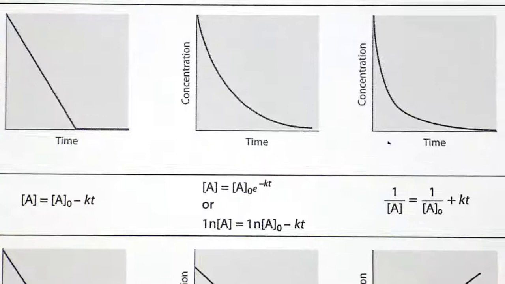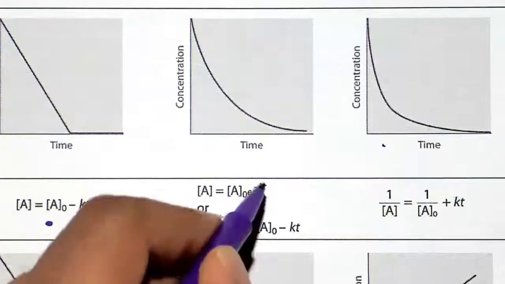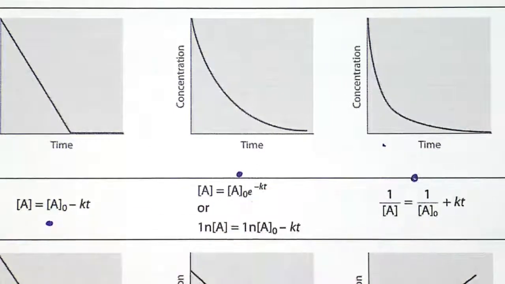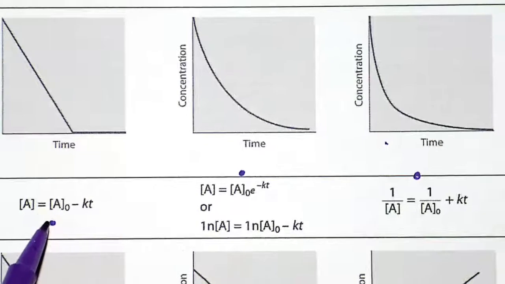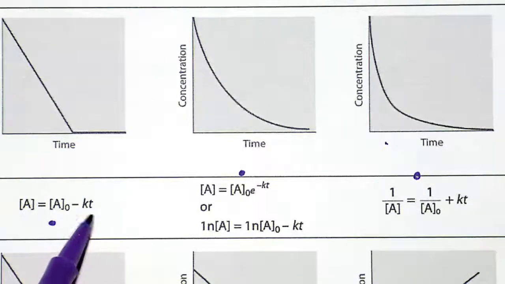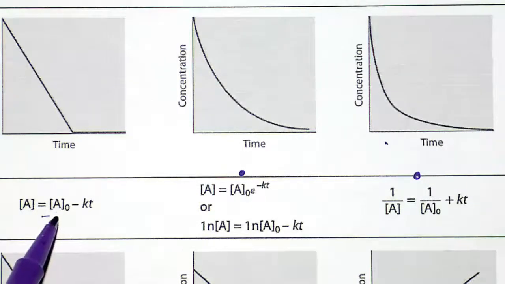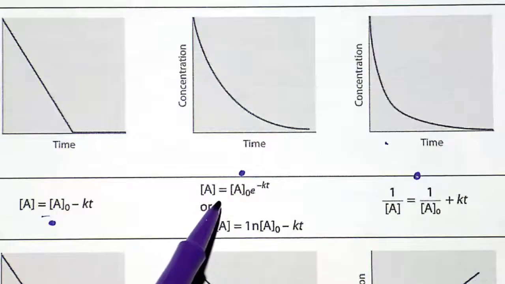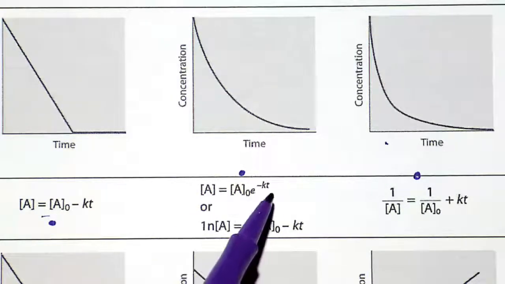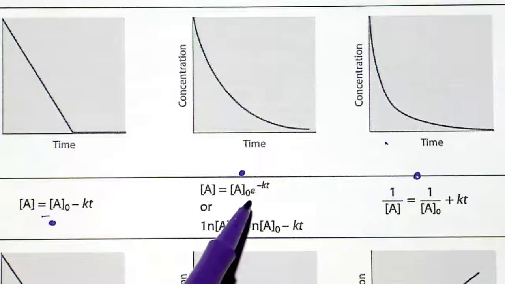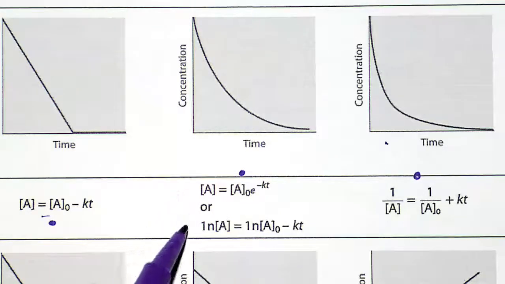So these are very important, so I recommend that you bring this sheet to the exam, and you can determine the concentration of A at some time t, provided you know the initial concentration. These two are equivalent if you just take the natural log, so that's a first order decay.